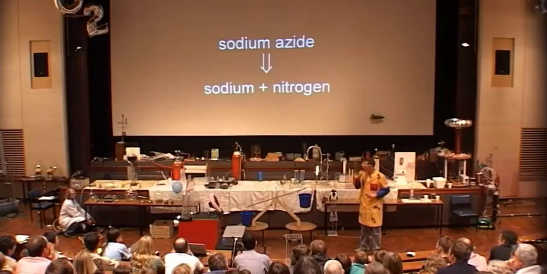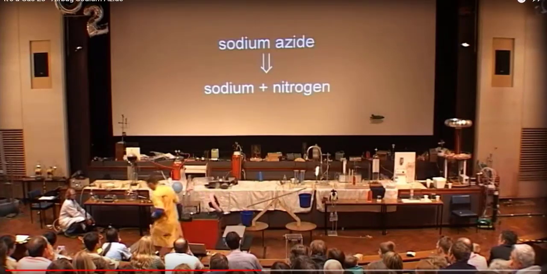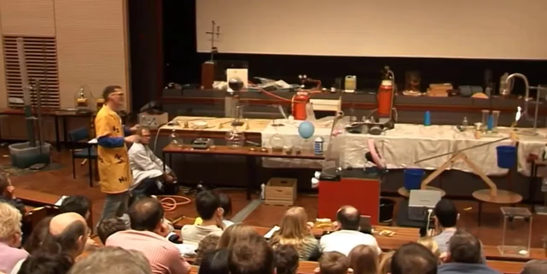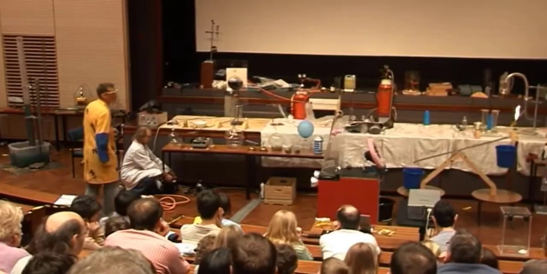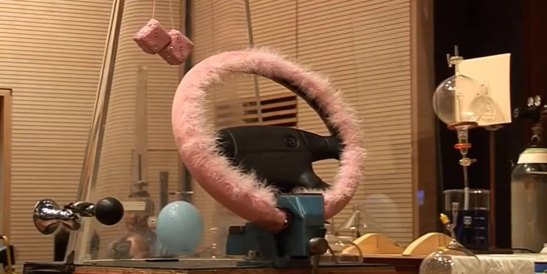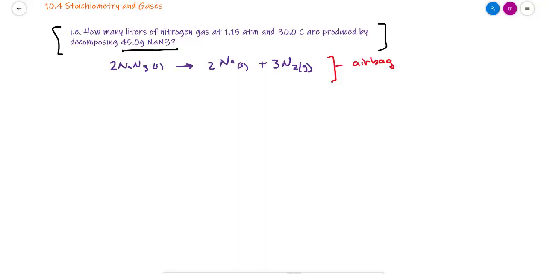So we're going to count down in a moment and see if we can set this airbag off with an electrical current. Now, it might be quite loud. Some of you might want to put your fingers in your ears if you don't like loud bangs. It's not too bad. Okay, so we'll have a countdown from 3. You need to watch very carefully, because if you blink, you'll miss it. 3, 2, 1. There, very good.